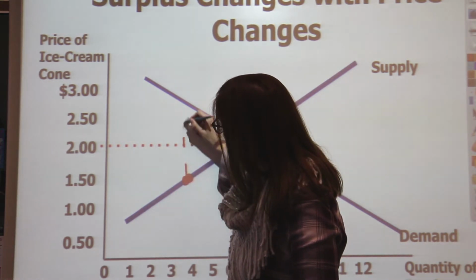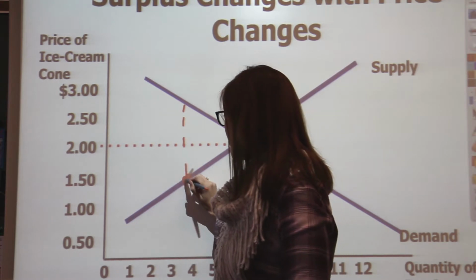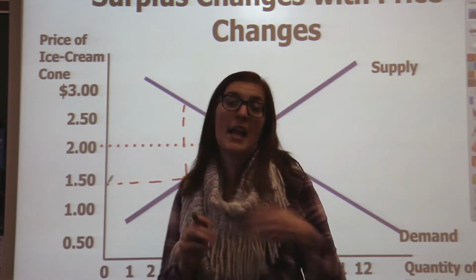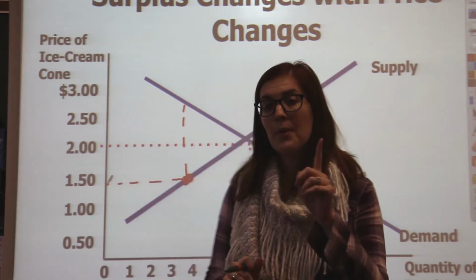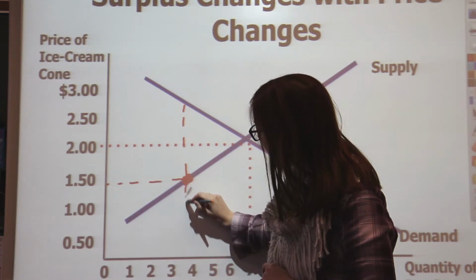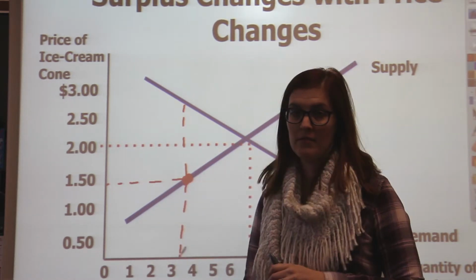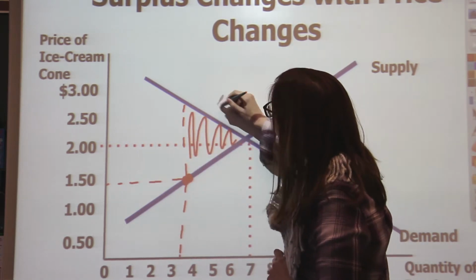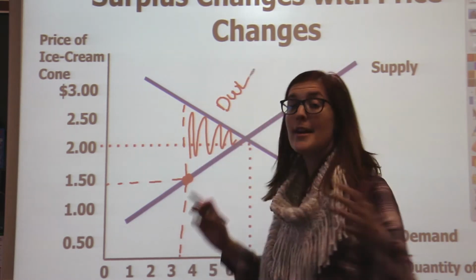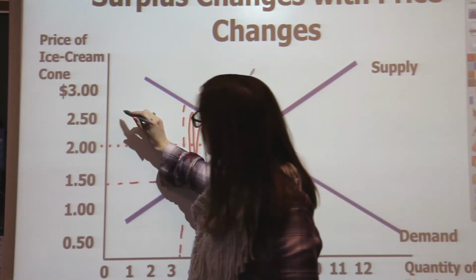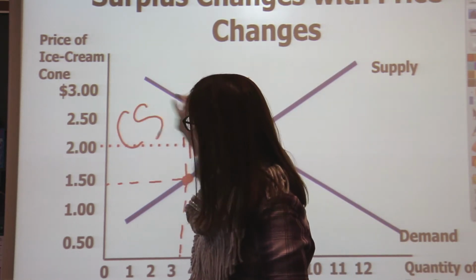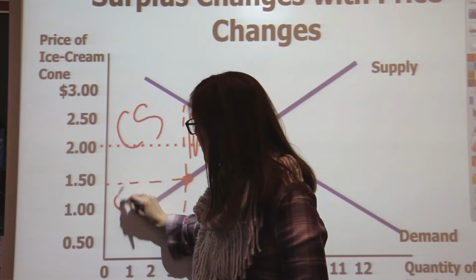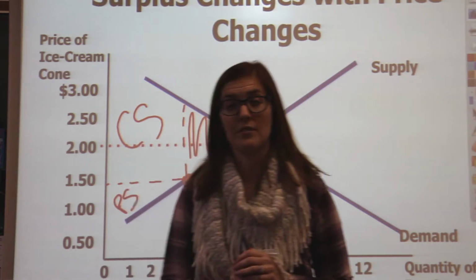this would help the consumers, because now the consumers are able to pay a lower price for the good. But again, we notice it lowers equilibrium quantity. So again, we have this triangle right here of deadweight loss that goes to no one at all. And although consumer surplus might increase to this whole area, producer surplus is now this tiny little triangle.